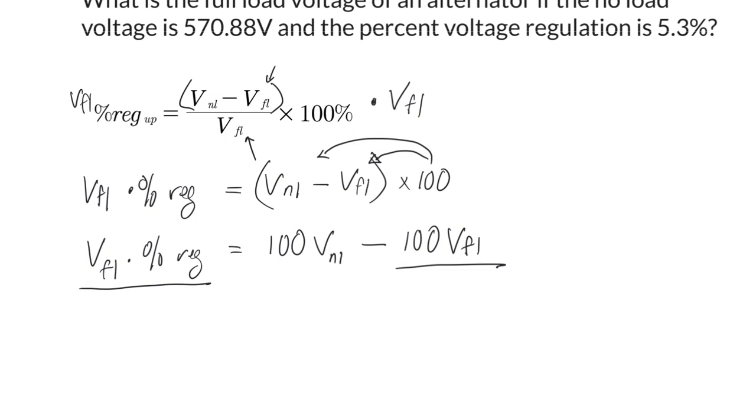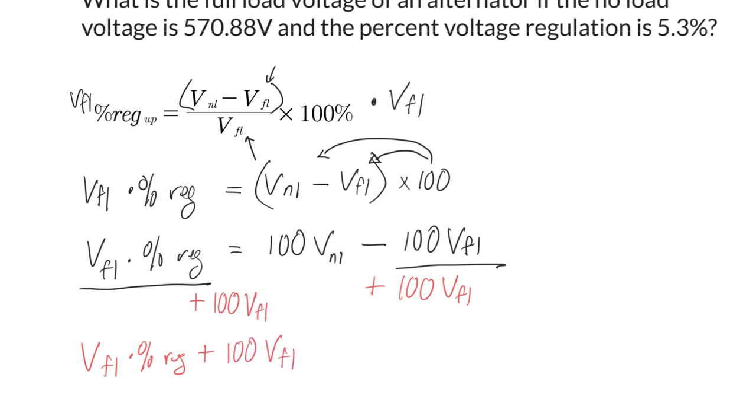So I'm going to add 100 VFL on this side, and I'll add 100 VFL on that side. So that'll give me VFL times the percent reg plus 100 VFL is equal to 100 VNL. I'm just checking to make sure I have done that right.